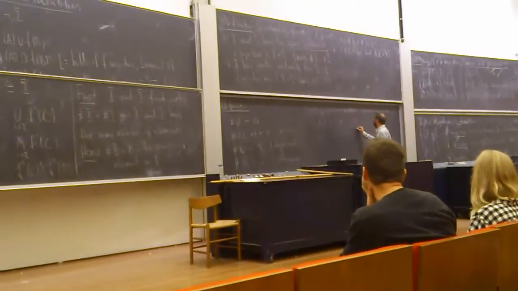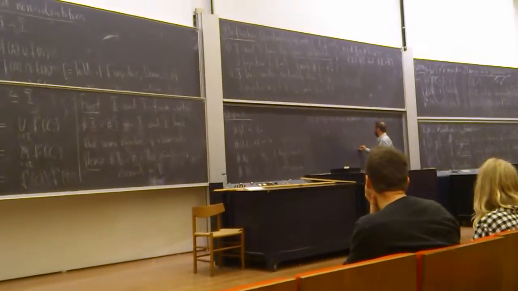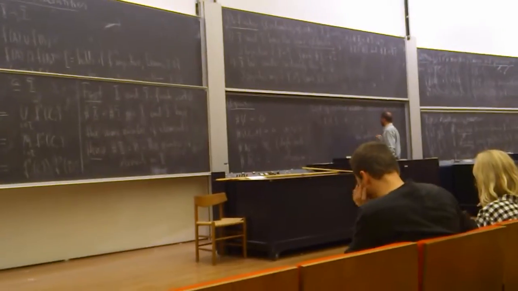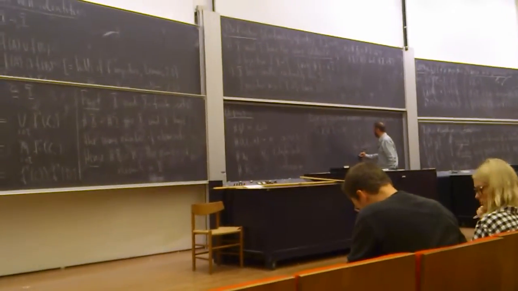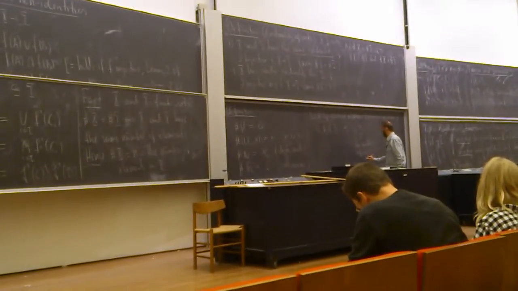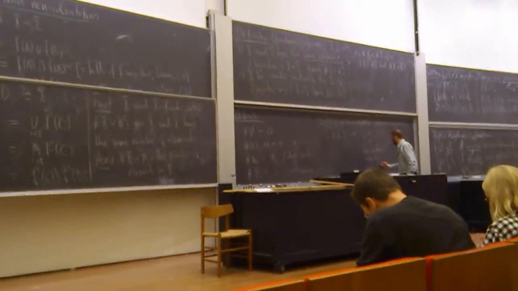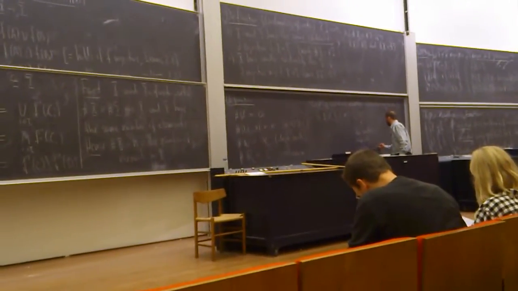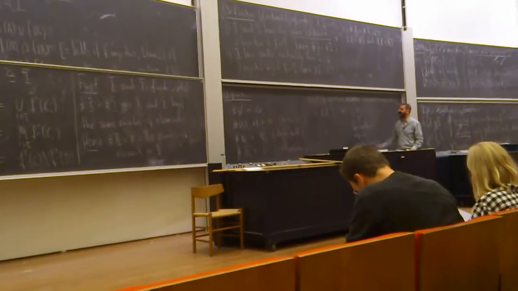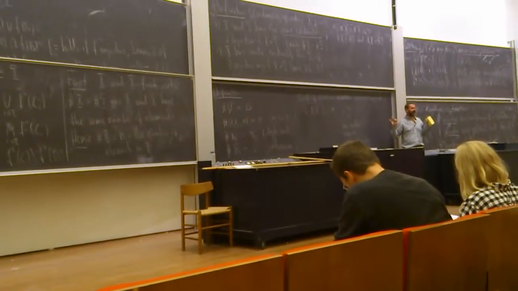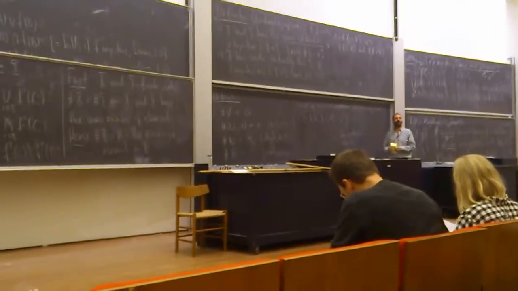And aleph naught is the smallest infinite cardinal. This is also something you can actually prove. There's a little bit more content to this statement, but I will not prove it. I will just tell you this is how it is.